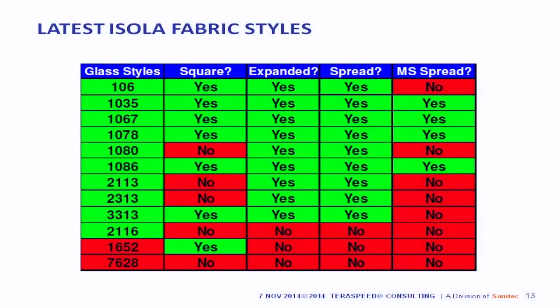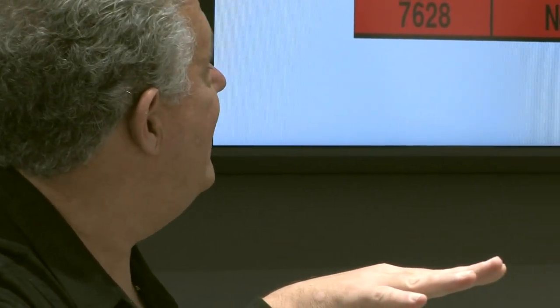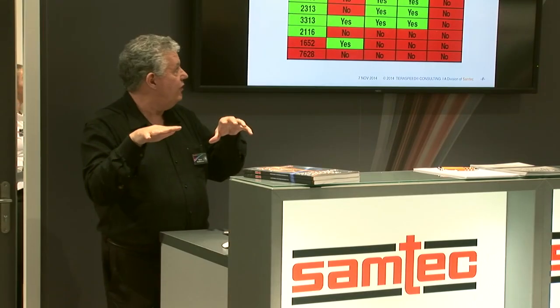Square is an indication of whether the orientation of fibers looks square. They're exactly the same thickness, same weights, and they essentially have the same thread count per inch. Expanded indicates whether the fibers have been expanded in some way. Spread says, have they been spread in some way even further?